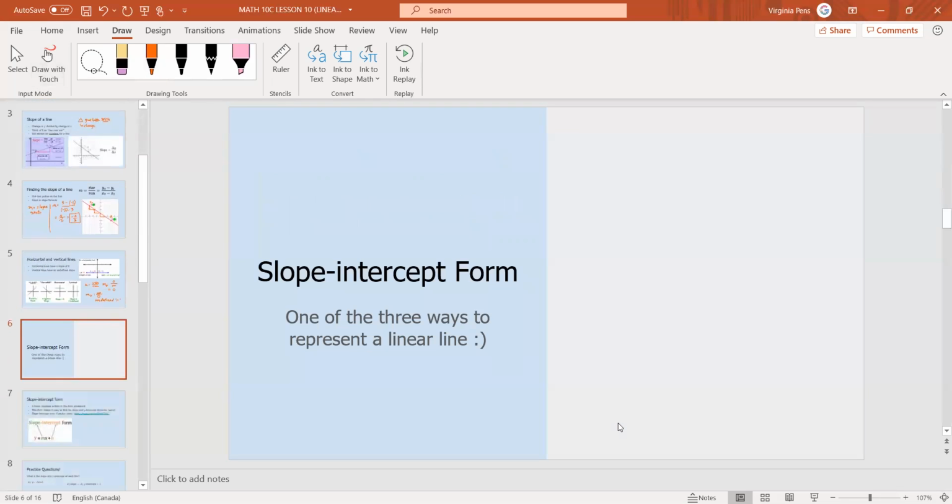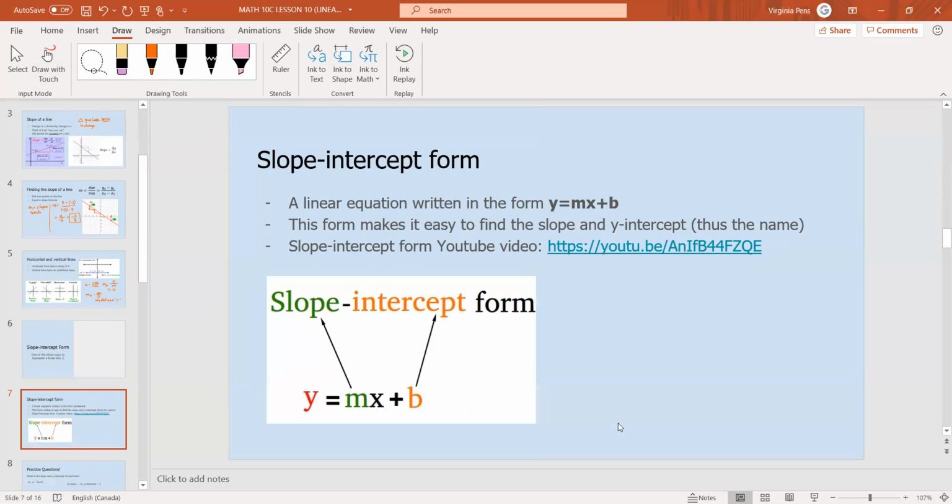Okay, so let's talk about slope-intercept form. Slope-intercept form is one of the 3 ways to represent a linear line. We'll talk about 2 of them today and the 3rd one tomorrow. A slope-intercept form is a linear equation written in the form y equals mx plus b. You may have heard this. This is a pretty famous equation, pretty universal.